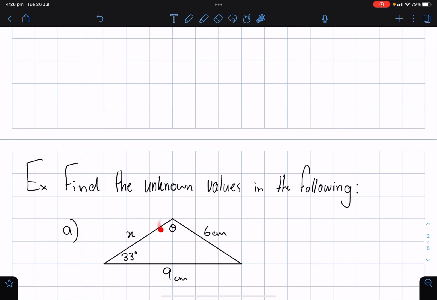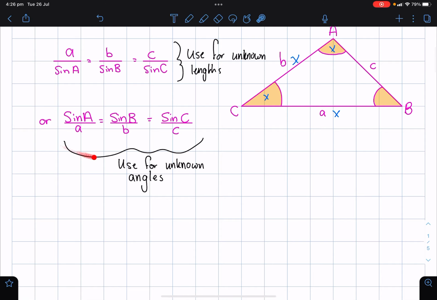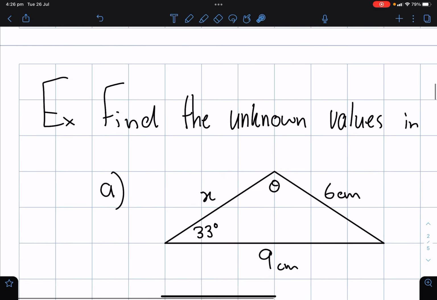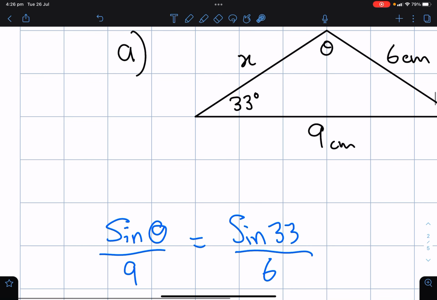Now because I'm finding an unknown angle, if we go back over here, we're going to use this version of the sine rule, okay? So down here, we've got sine theta divided by 9. So sine of the angle divided by the opposite length is equal to sine of the angle divided by the opposite length.